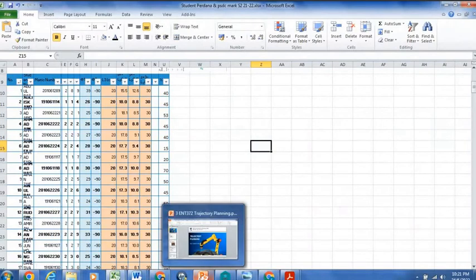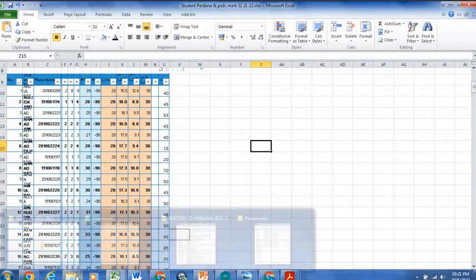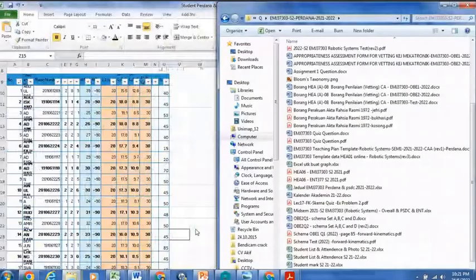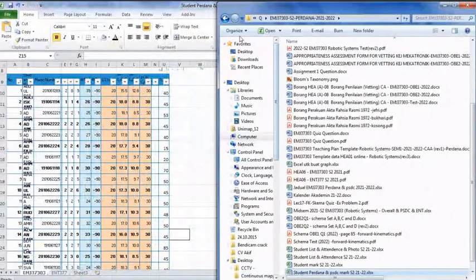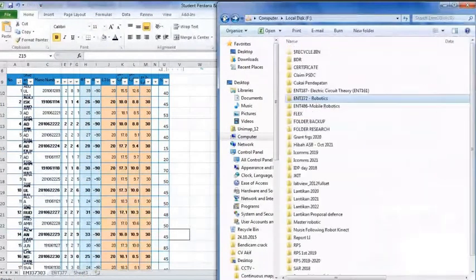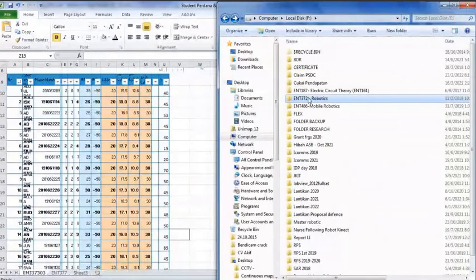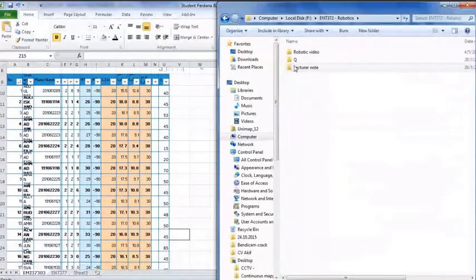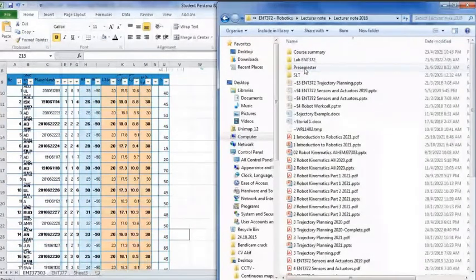Mana contoh dia? Kinematik. Sekejap, saya nak tunjuk working envelope. Okay, kinematik.